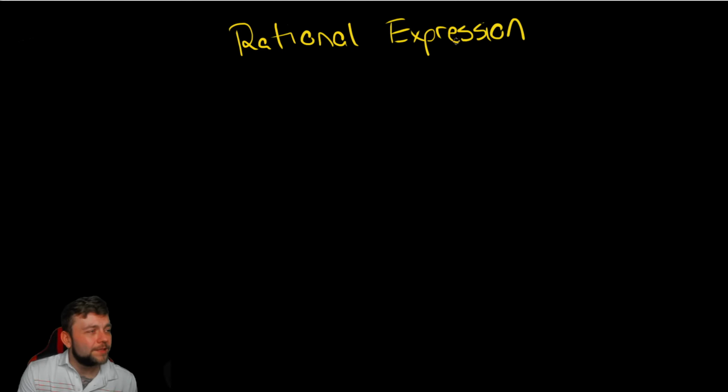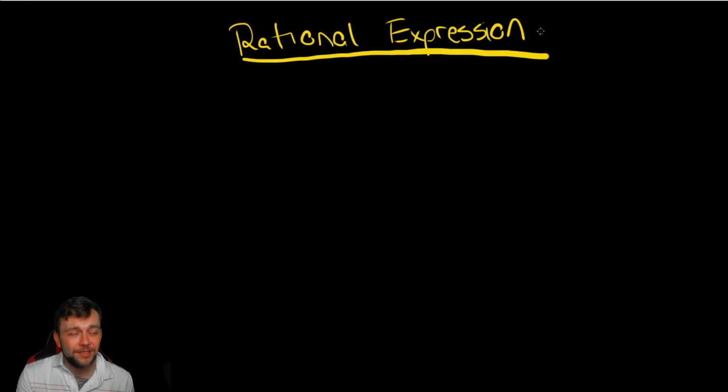This is the non-calculator part of the math test. It will have this. This is like people's kryptonite when it comes to non-calculator questions. This is what causes a lot of anxiety for a lot of people because they are so ugly, okay?